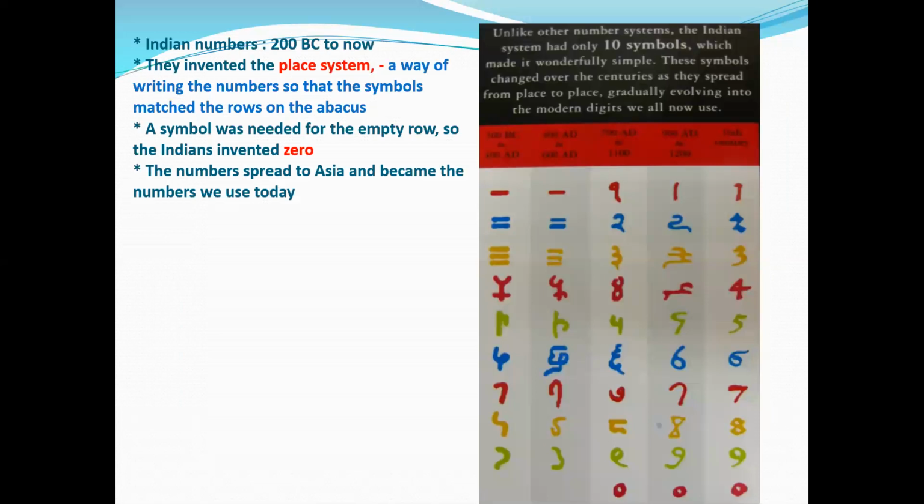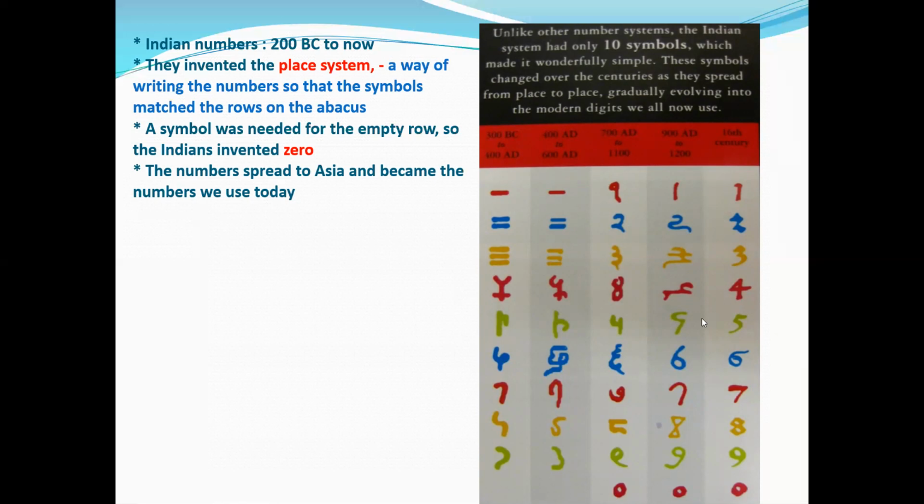And for Indian, they use base 10 and they only have 10 symbols. From 300 BC up to the 16th century, the symbols evolved, and the evolved symbols were basically the new symbols for base 10.